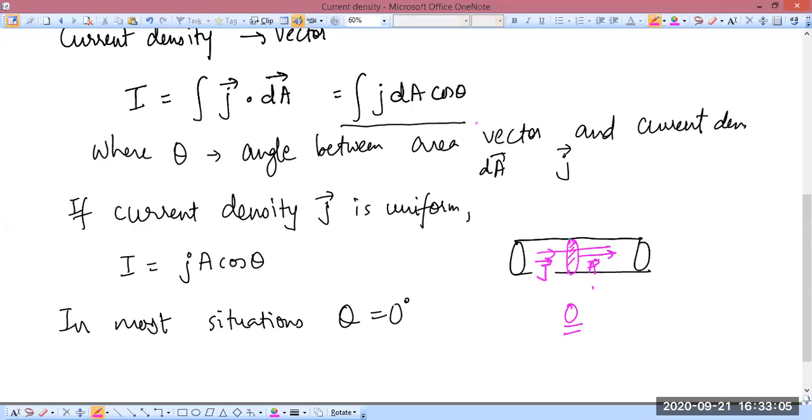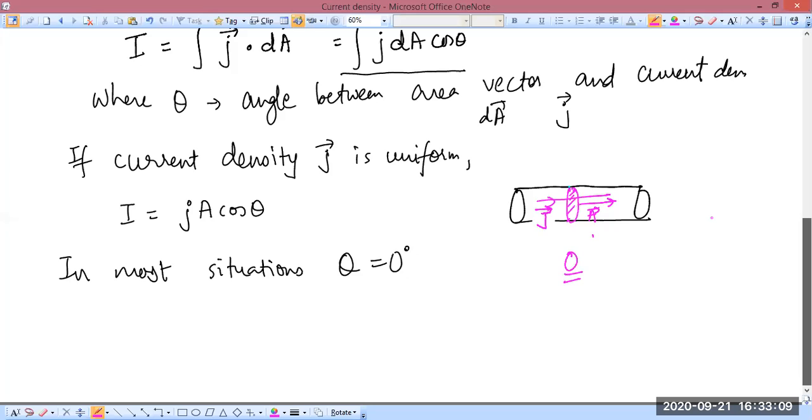A is the area vector, or simply the cross section area.